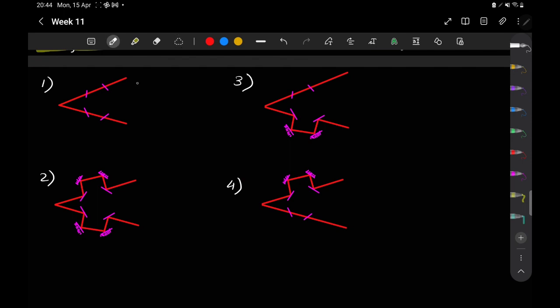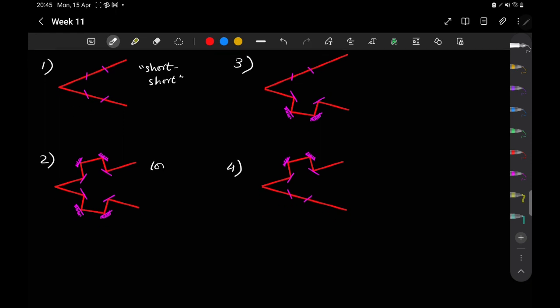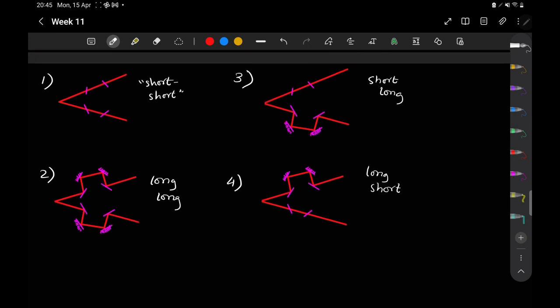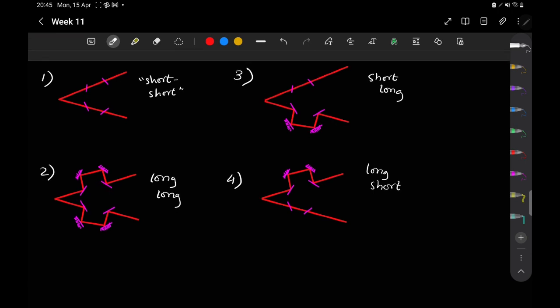So if you think of it, this is like short, both are short. This is like long. This is short path with long path, short, long, and this is the opposite, long, short. Just a way of naming these paths.